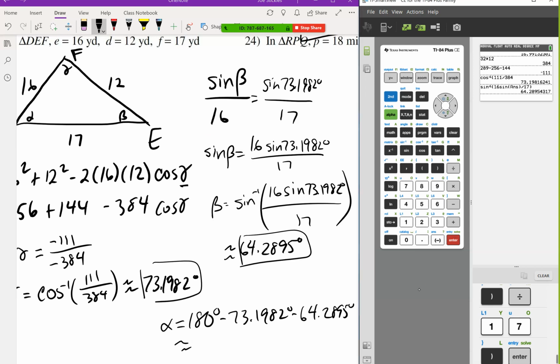So back over to the calculator, if I do the 180 minus the 73.1982 minus, in this case, I'll just hit previous answer because it's in there already. We get 42.513 for the last one.